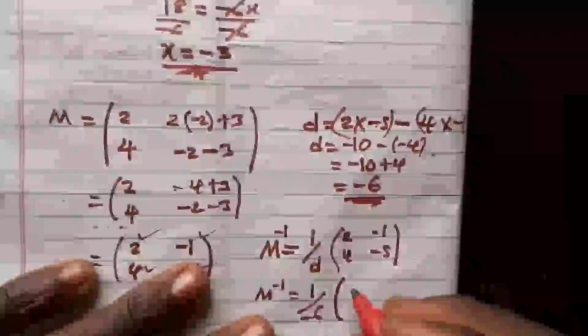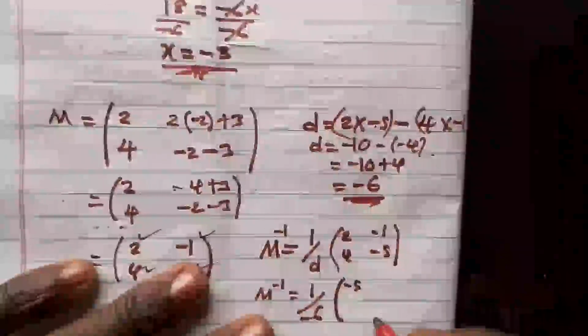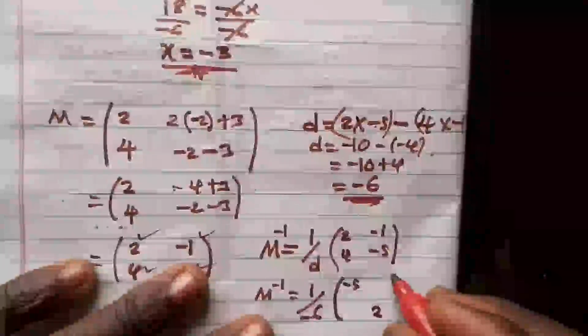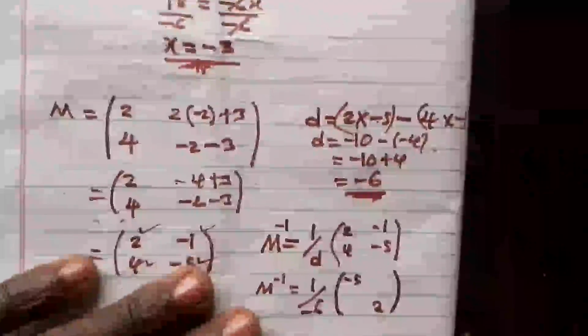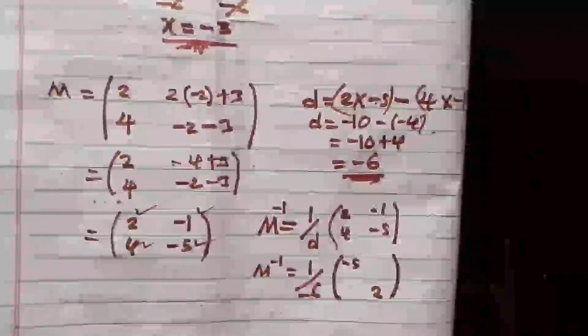Only for major diagonal. So I'm going to write negative 5, then positive 2. Then as for minor diagonal, the signs are going to change, but the numbers are going to remain on their position. They are going to remain constant.